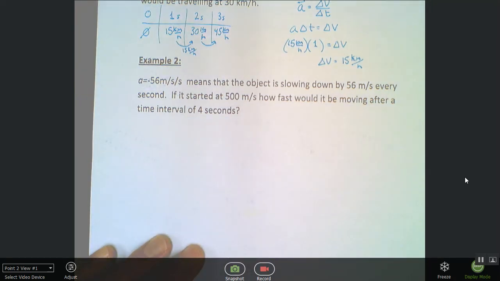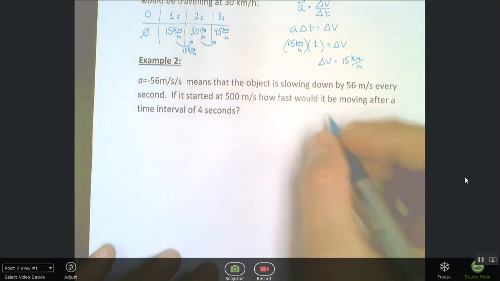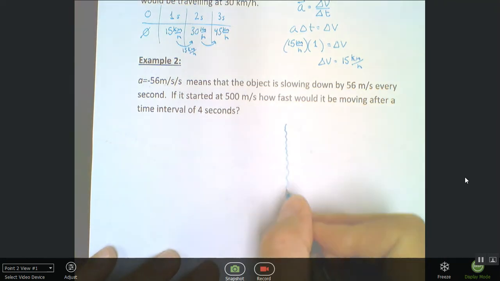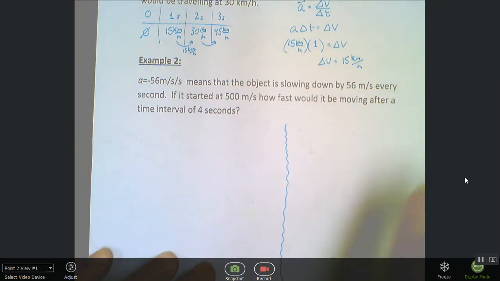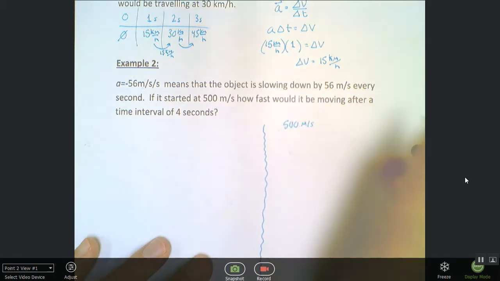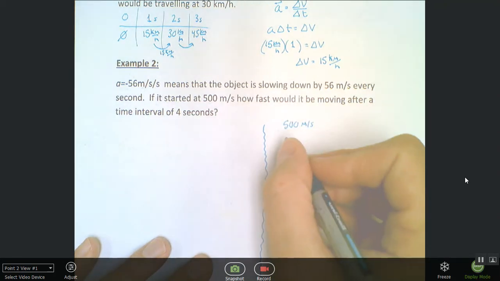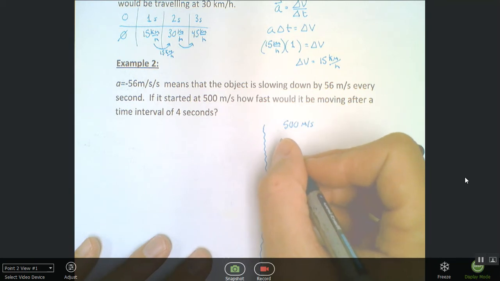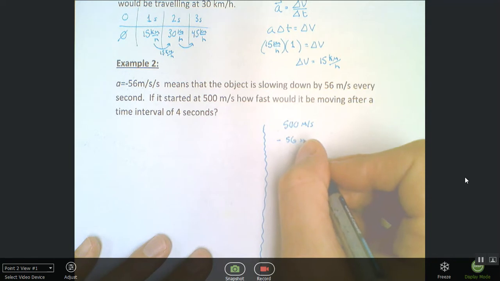Now there's a couple ways of doing this. You could do it a sort of intuitive way and simply say, well, if we start at 500 meters per second, and every second that goes by, we're going to reduce it by 56 meters per second.